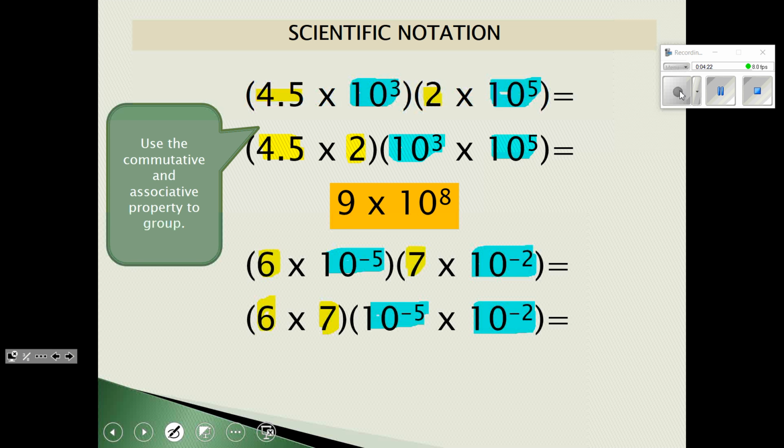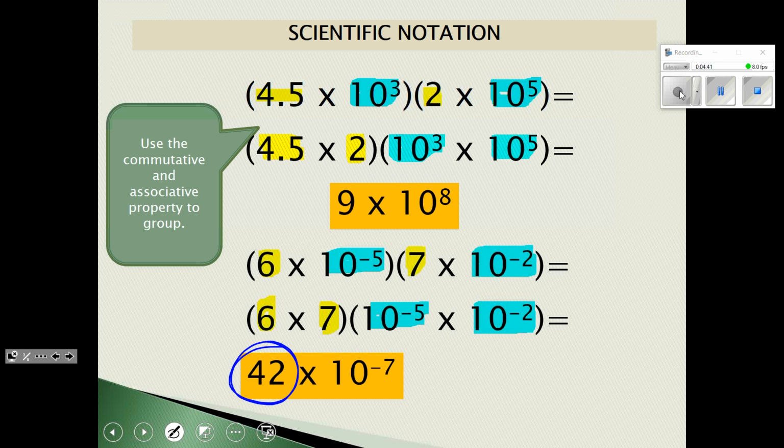We've talked about moving negative exponents downstairs to get rid of them, but in scientific notation, it's okay to have a negative exponent. It just represents that the number is going to be a decimal. When we multiply this, we get 42, and then we add the exponents, and we get 10 to the negative 7th power. But if you notice right here, 42 is not written in scientific notation because the number is not in between 1 and 10.